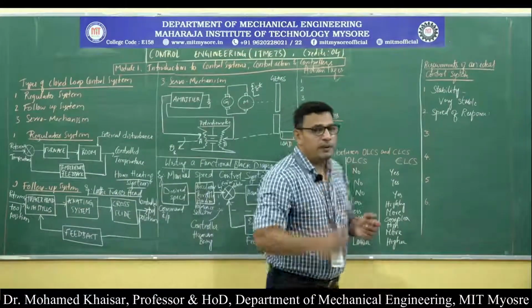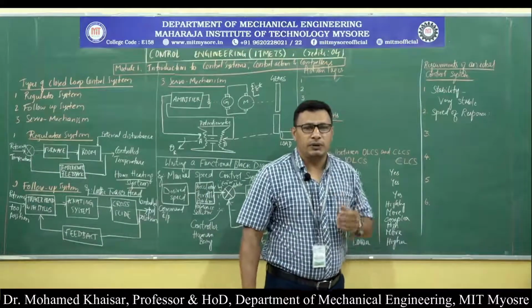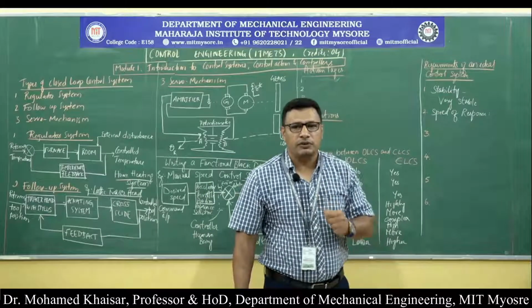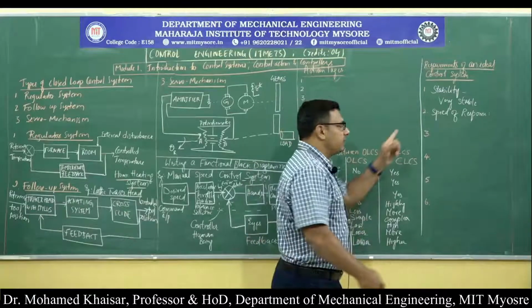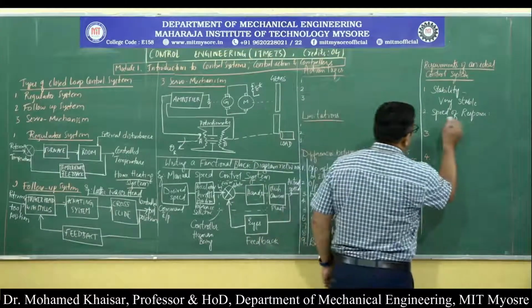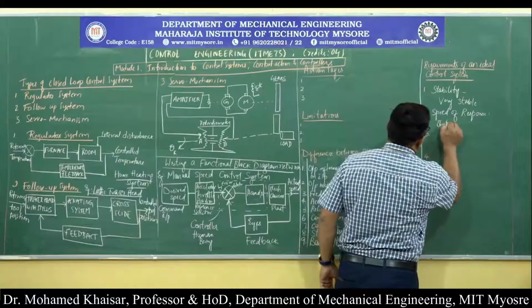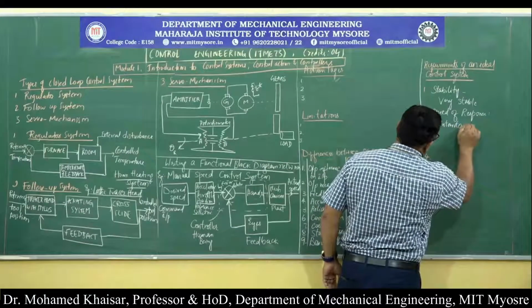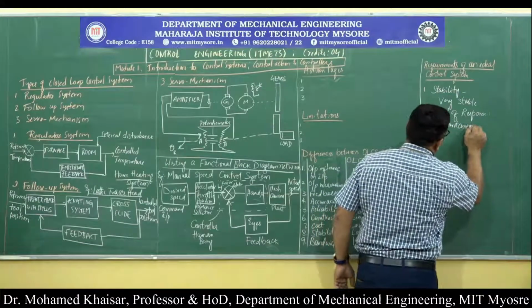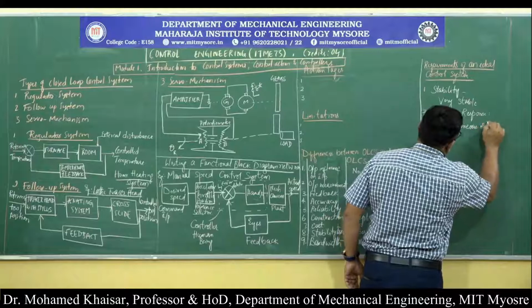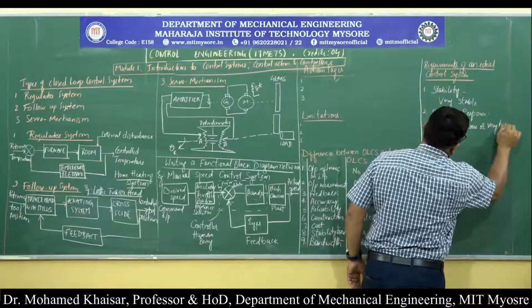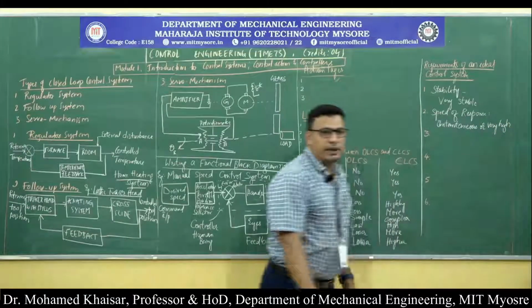So what type of speed of response do you want for a good control system? If a system has to be a good control system, then the speed of response has to be instantaneous, or very high. Am I right?